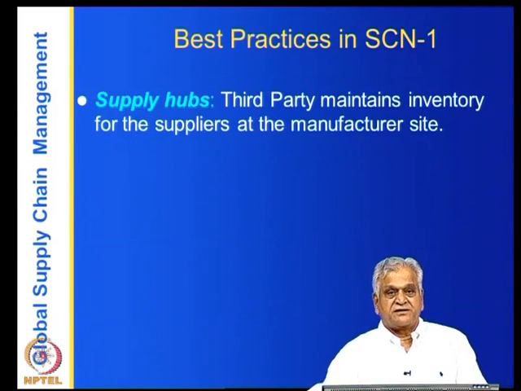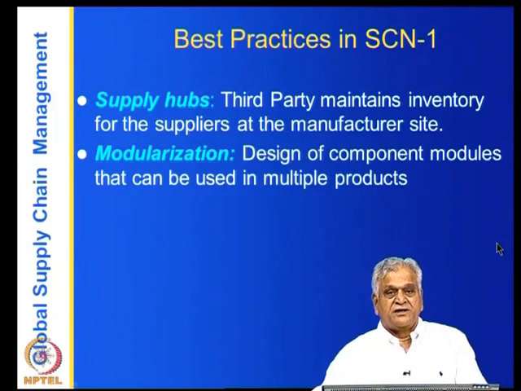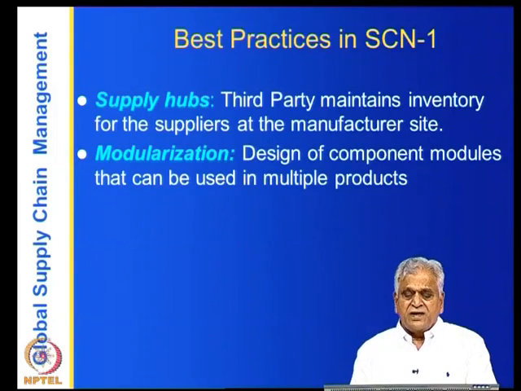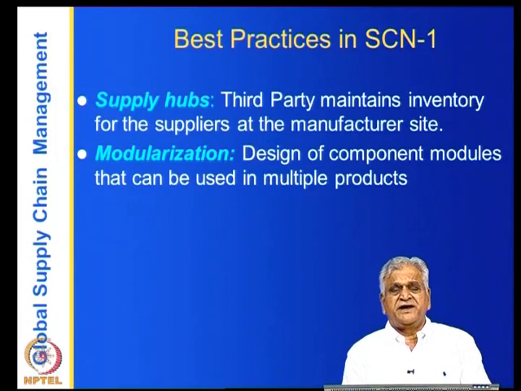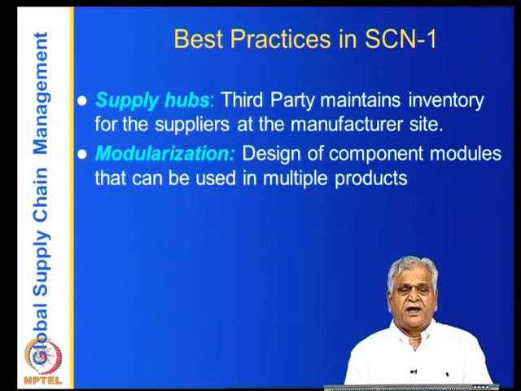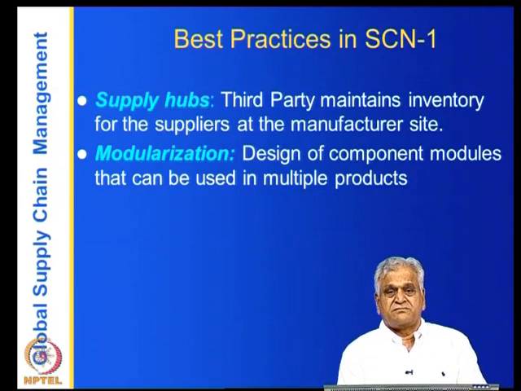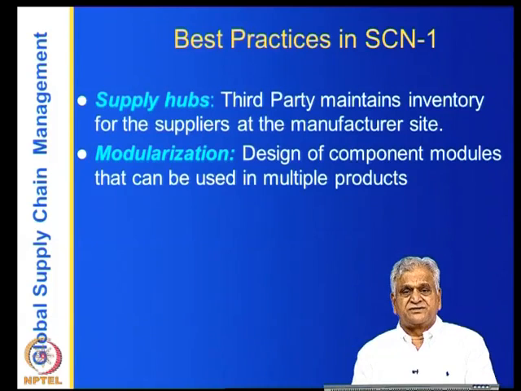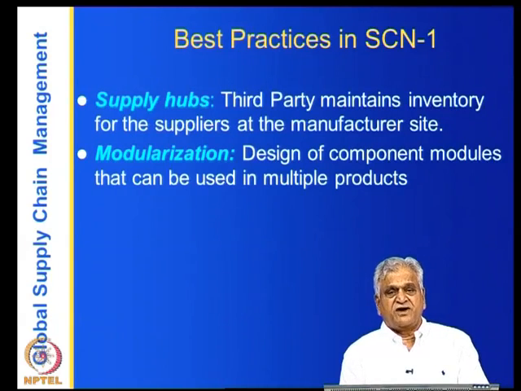of the particular components. And the second one is what we call modularization. Now, there are two kinds of products. One are integrated products. In other words, the product is made as designed and made as an integrated whole. In other words, if one part of the product goes, then the product won't function.